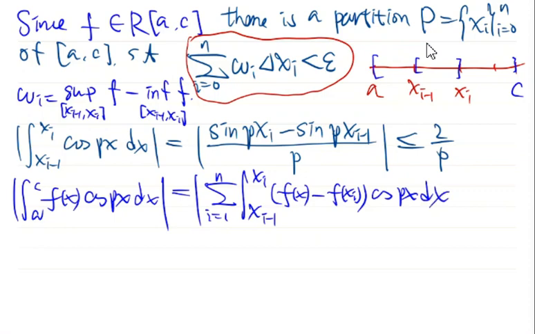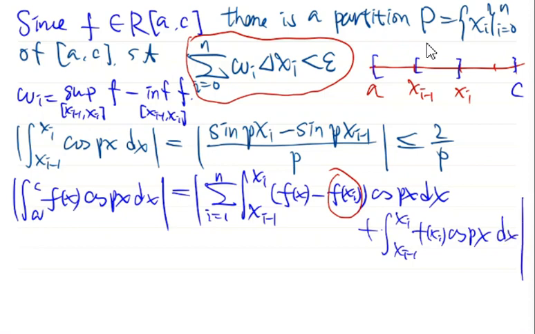We insert a number here, and then of course we need to subtract this. So we have plus the integral over [x_{i-1}, x_i] of f(x_i) cosine px dx. Okay.